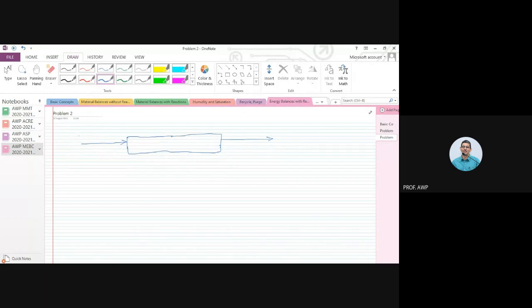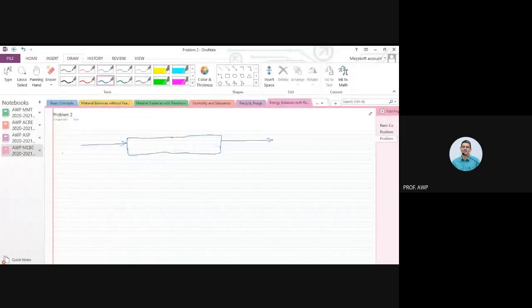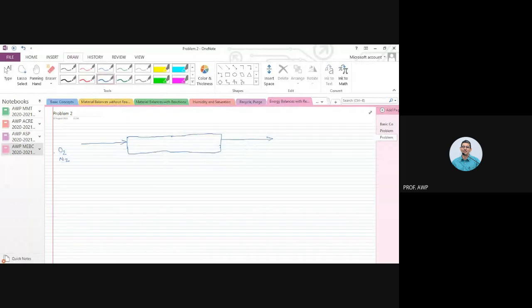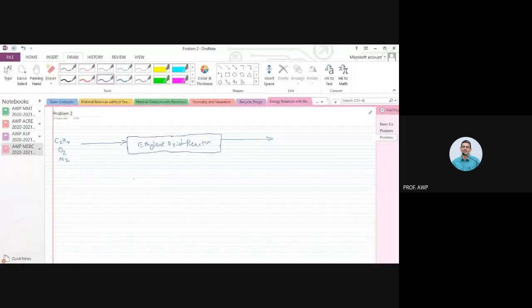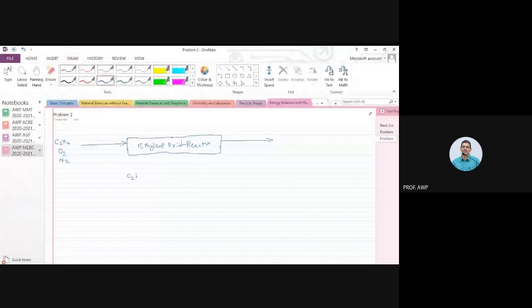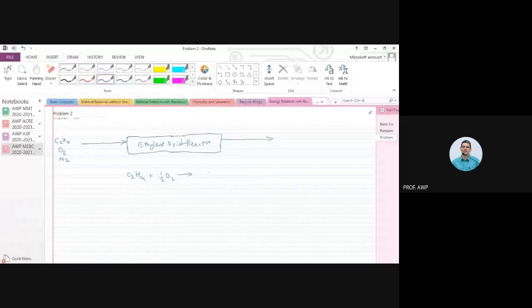Okay, so we have, let's say, oxygen, nitrogen, and ethylene. So, ethylene oxide reactor. Do you remember the ethylene oxide reactions? Ethylene plus half oxygen giving you ethylene oxide.